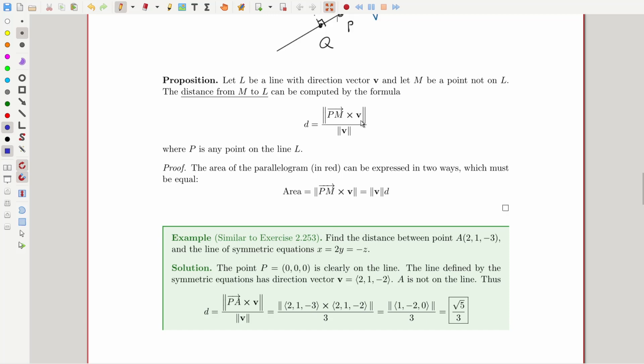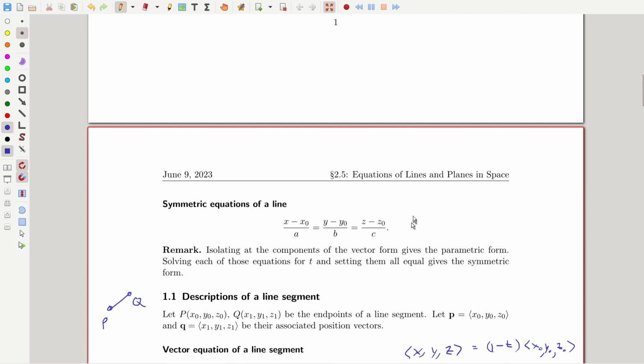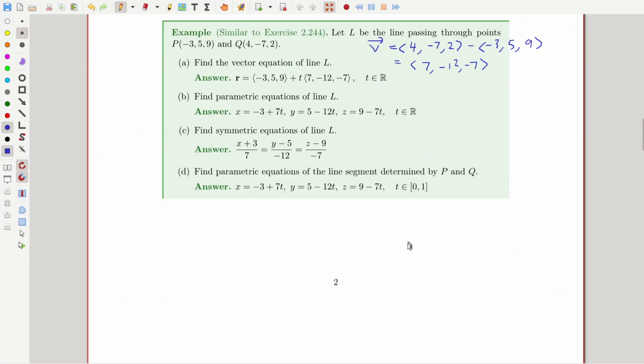I need to know the direction that this line extends in. So looking back at the symmetric form, we want the symmetric equations to be of this form, where the components of the direction vector, a, b, and c, are in the denominator. And then we have these offsets, but they don't show up in this problem.